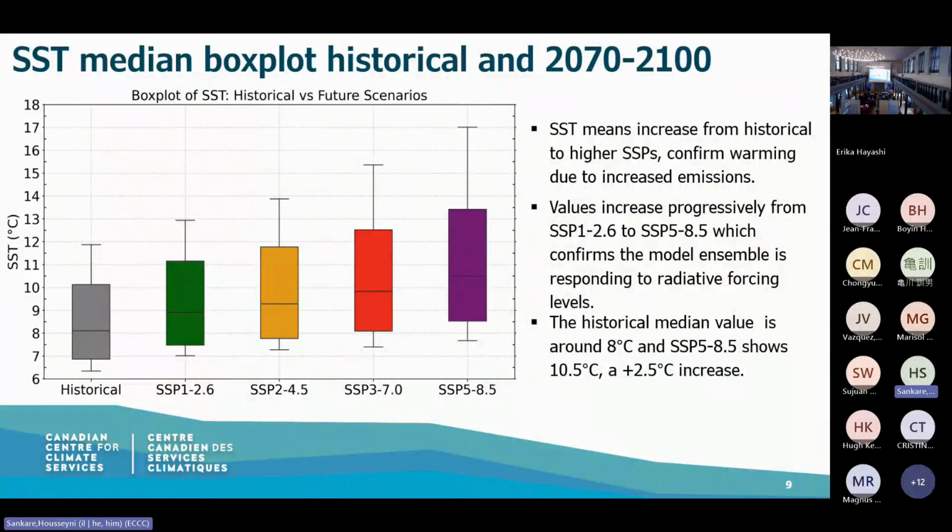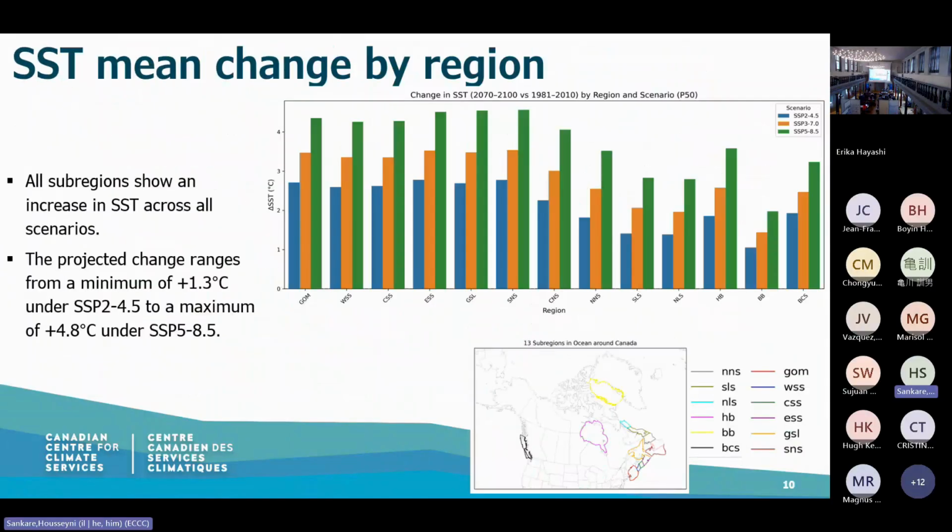And that will be the last analysis here. It is a histogram illustrating the projected SST change between the historical and the last century period, based on the median of the model output, also bias corrected.